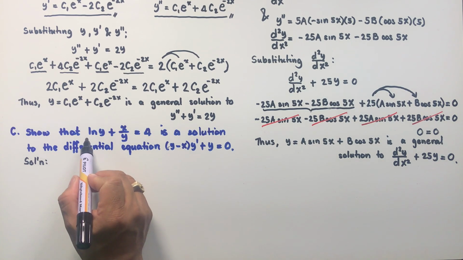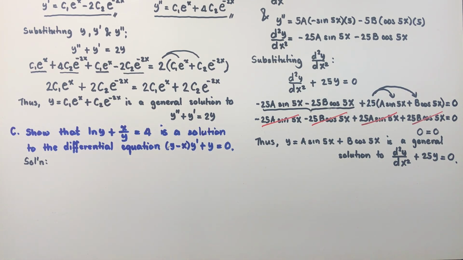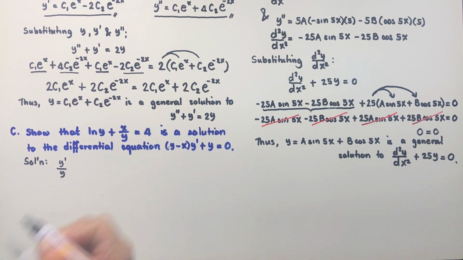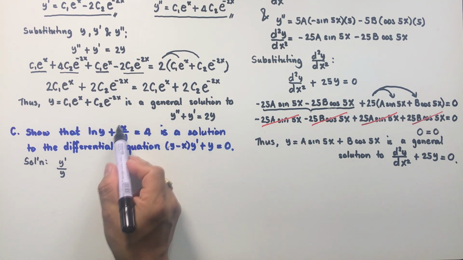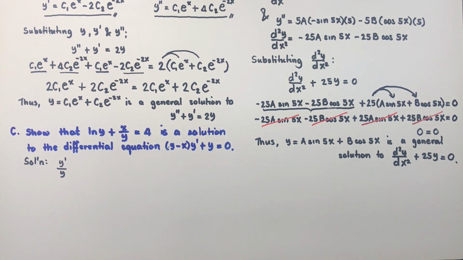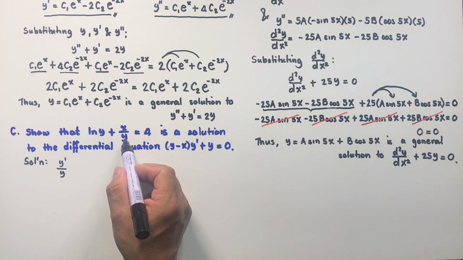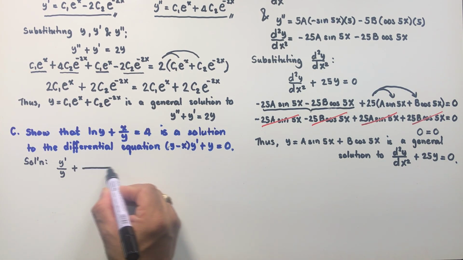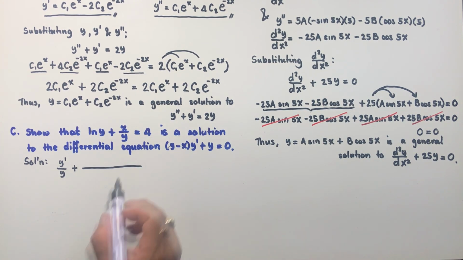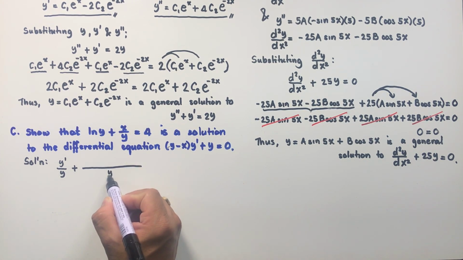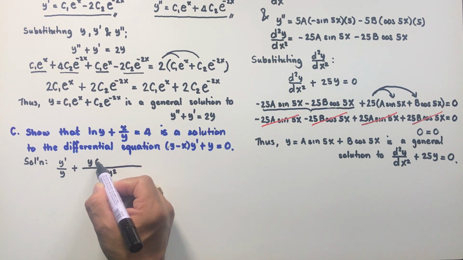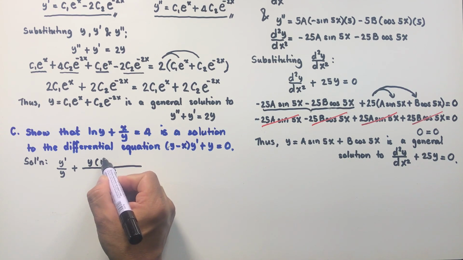So what is the derivative of ln y? The derivative we learned from your previous calculus is y prime over y. And what is the derivative of x over y? The derivative of x over y with respect to x uses the quotient rule. So what is the quotient rule? We square the denominator, and we multiply the denominator by the derivative of the numerator, which is 1.